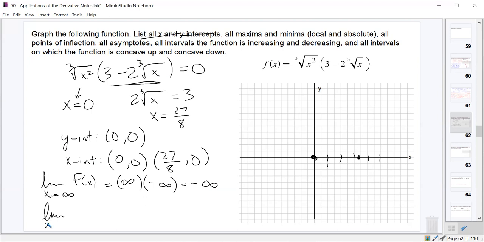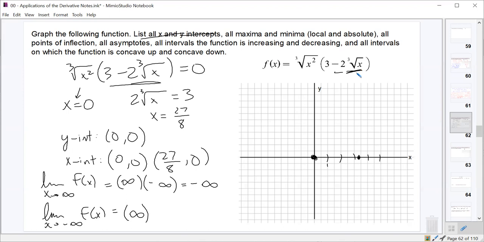And then if we look at a limit as x approaches negative infinity, when we plug that into what's outside the parentheses, we cube root x squared. When we square a very large negative, we get a very large positive. And then if we cube root that, we get another very large positive. So that's infinity. And then in the second part, when we cube root a very large negative, we get another very large negative.